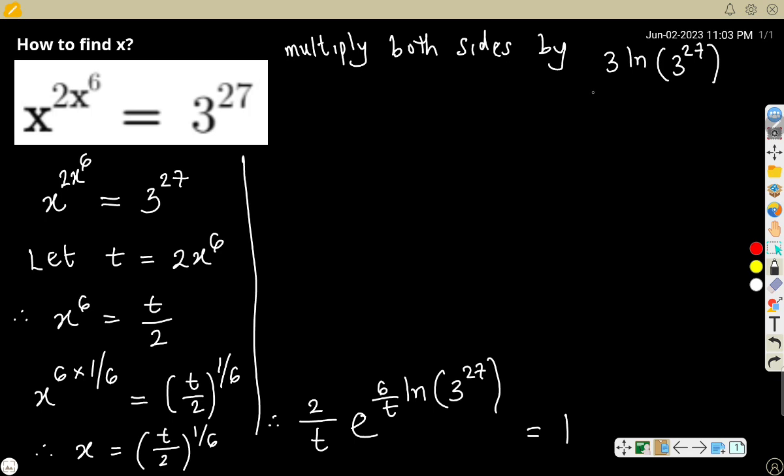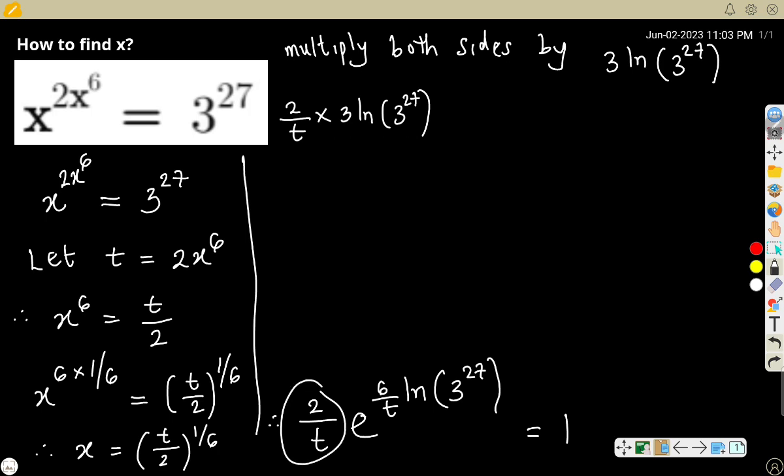Why am I multiplying by 3 ln 3 raised to power 27? So that I can achieve this result here. So see how it will go now. Let me show the workings. Everything is long because I'm showing every step. So multiply both sides by 3 ln 3 raised to power 27.